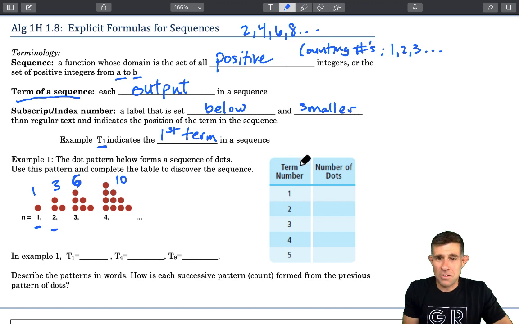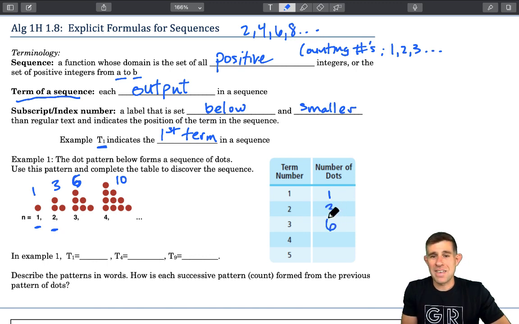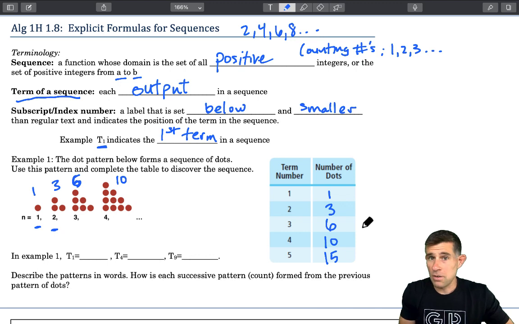If I keep writing out the number of dots here, I'll see that my first term was 1, my second one was 3, my third one was 6, my fourth one here was 10, and hopefully you're starting to pick up the pattern of what we're doing. My fifth one here is going to be 15.